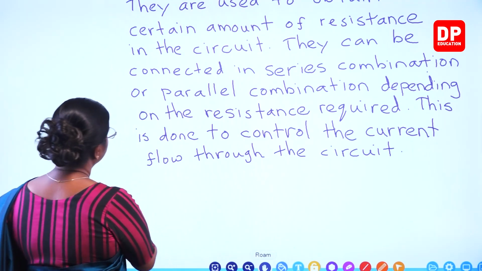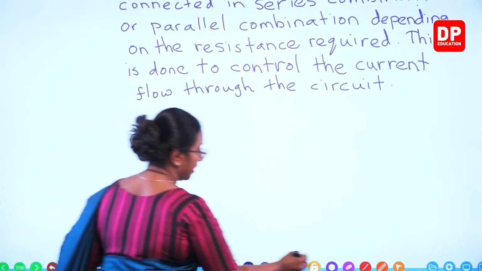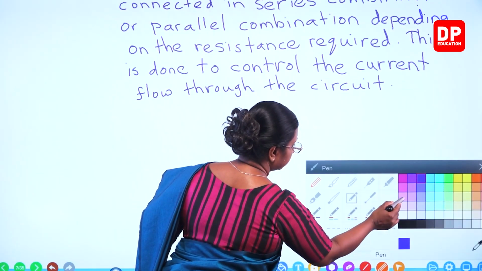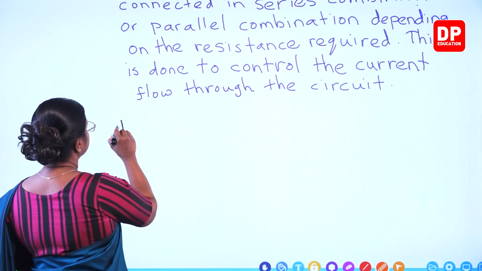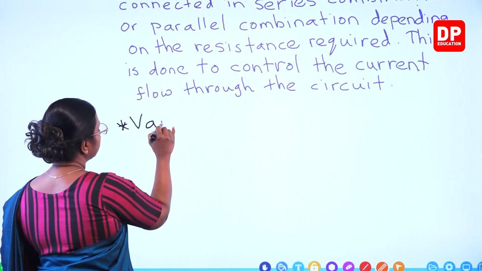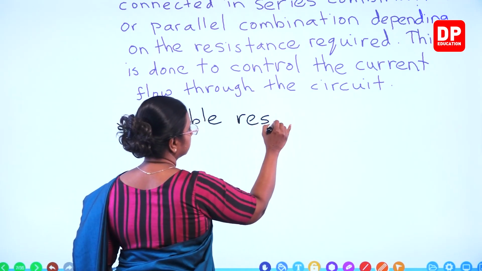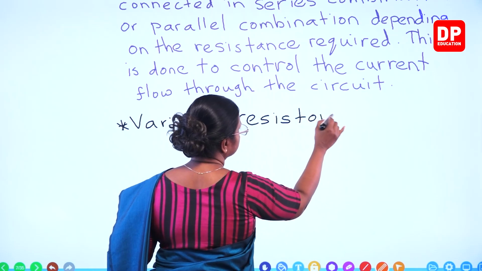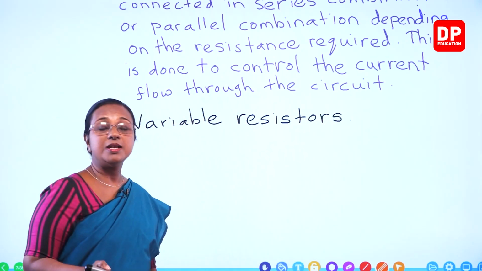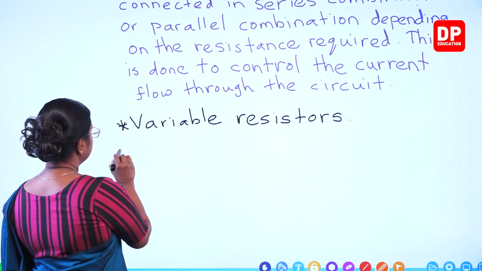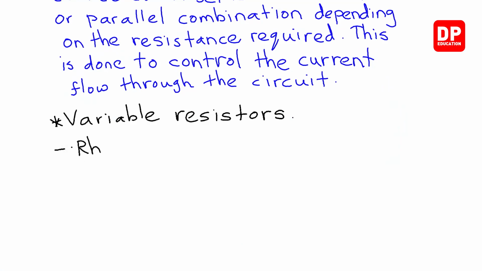Then we have the second type. We can say variable resistors. Now under variable resistors, the first one, rheostat.